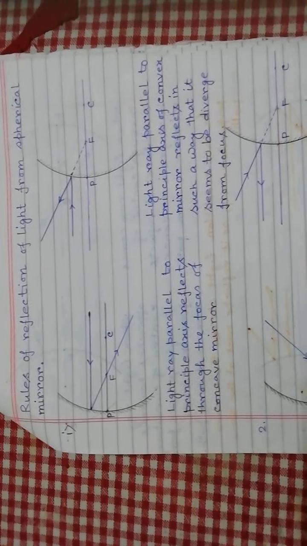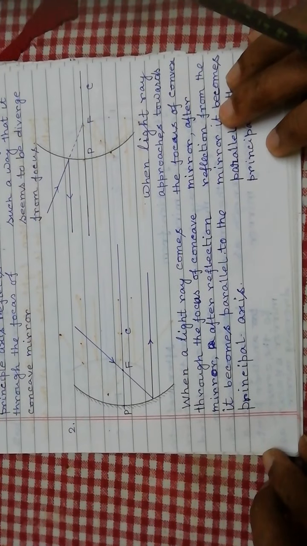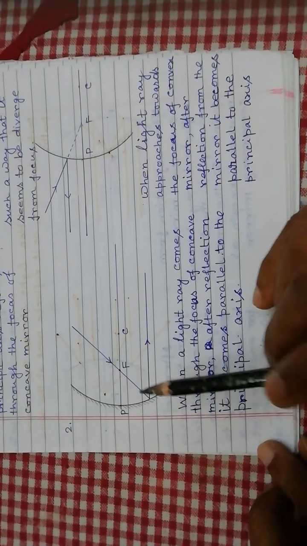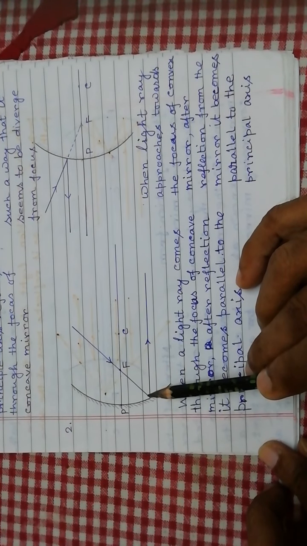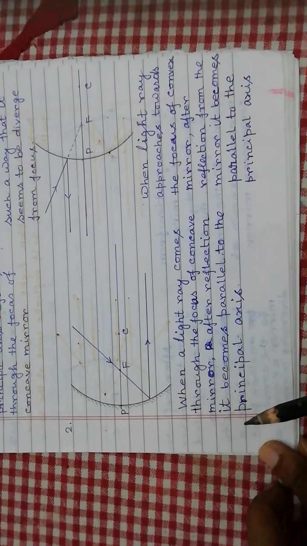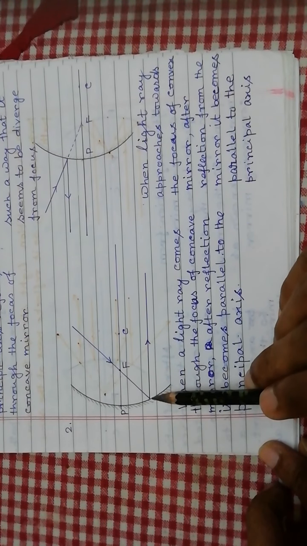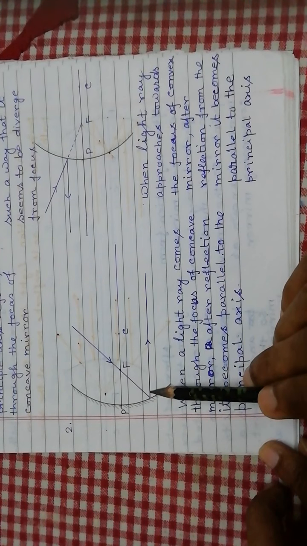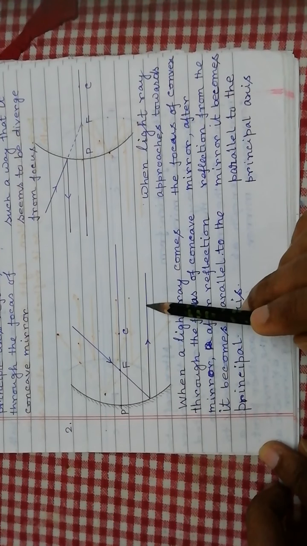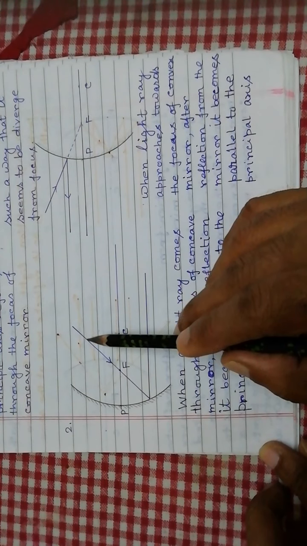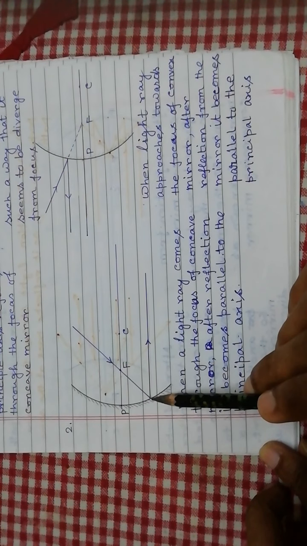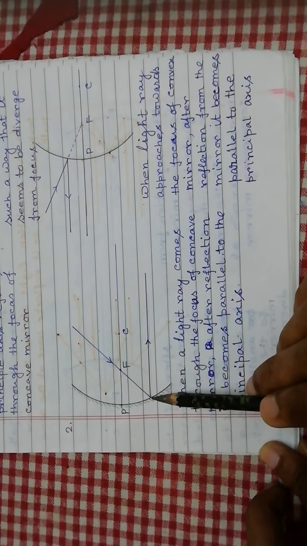Now the second rule: when the light ray strikes the mirror through the focus, here the mirror is a concave mirror, then after reflection, the reflected ray becomes parallel to the principal axis. Light ray comes through the focus, strikes the concave mirror.